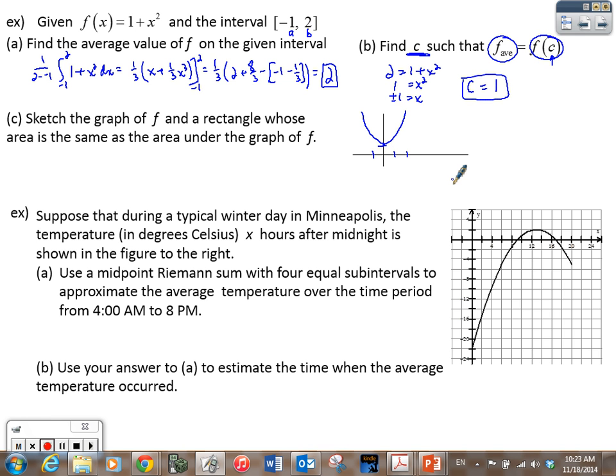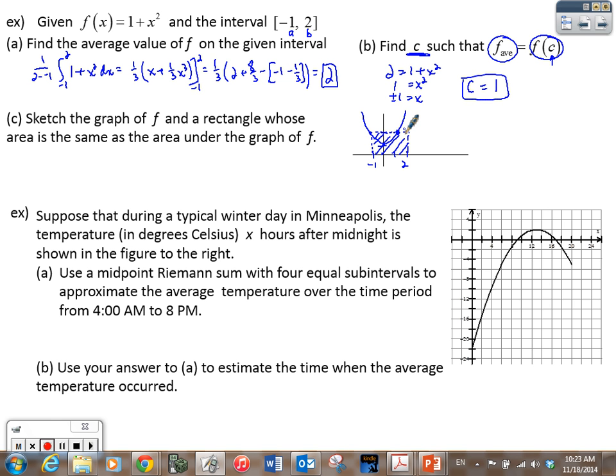We want our interval from -1 to 2, and we're told that our average y value is 2. So we draw our little box here. That's the area. And according to our drawing, hopefully we can see that right there is where our function attains the average y value on the interval.